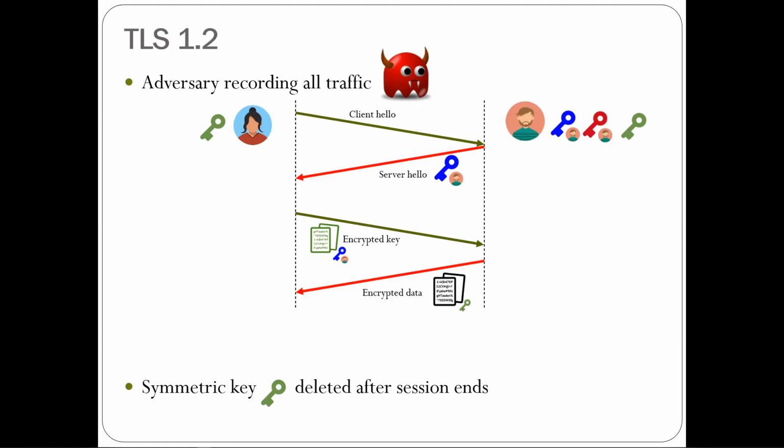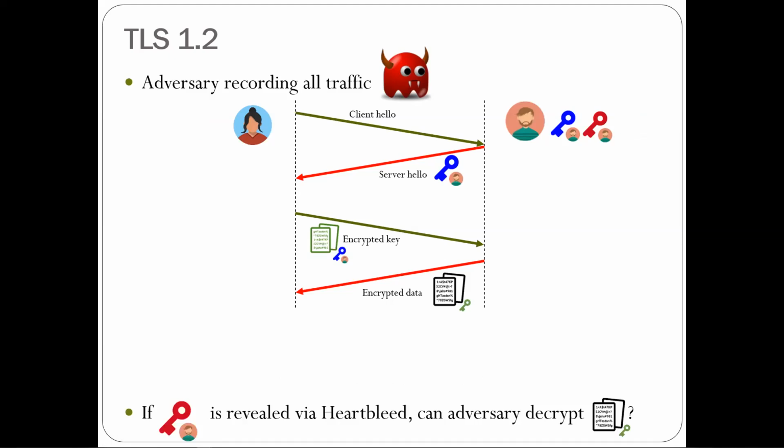Now the question is, if the private key of Bob is revealed, and Heartbleed is one of the most famous ways of revealing a server's private key, can the adversary decrypt this encrypted data? How many of you think yes? How many of you think no?